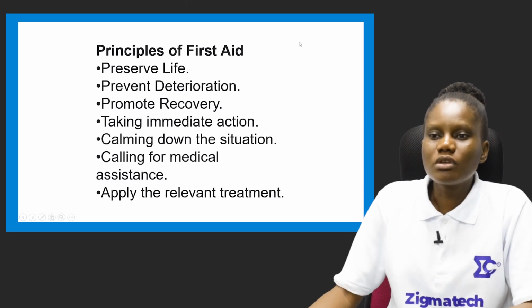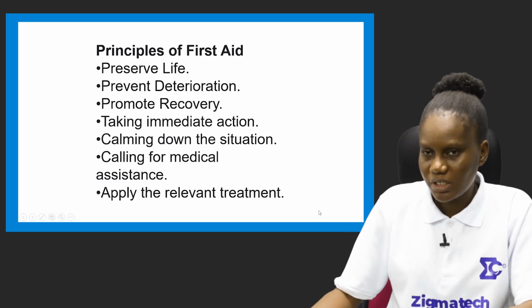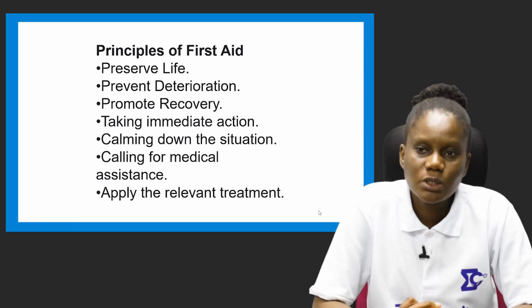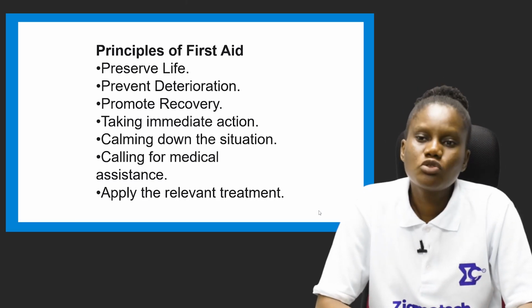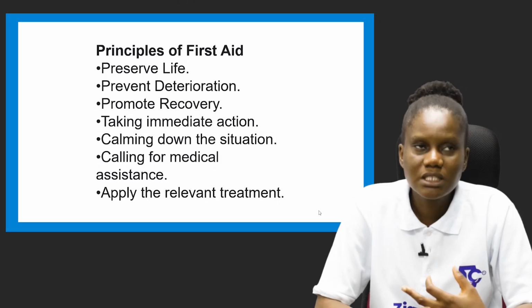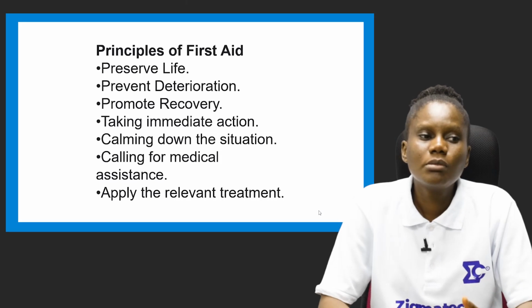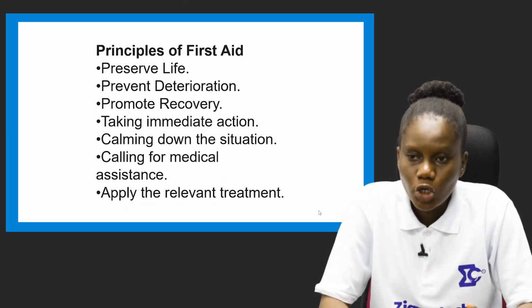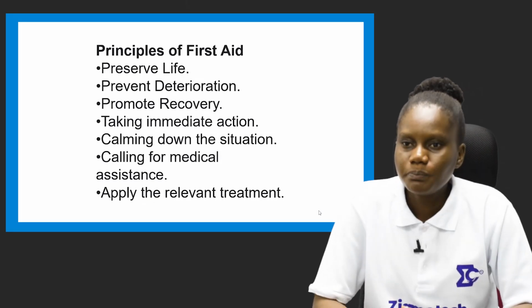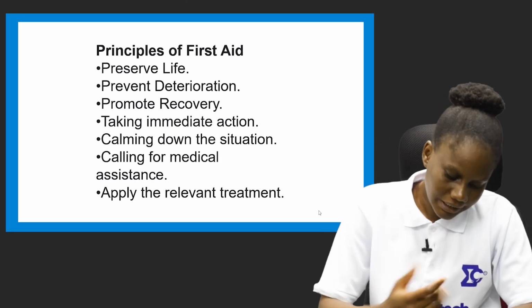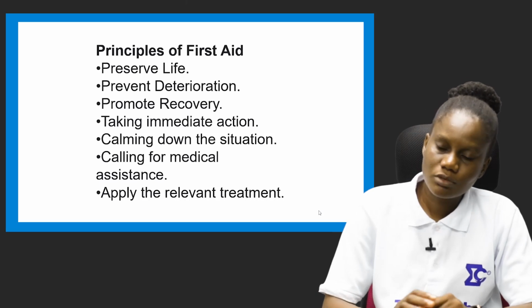So what are the principles of first aid? Number one is to preserve life. Number two is to prevent deterioration. That means, you know, sometimes when you don't quickly attend to people, somebody who fell or who has a burn, for example, as I earlier explained in the previous video, at least if the person was quickly attended to, there won't be blister.